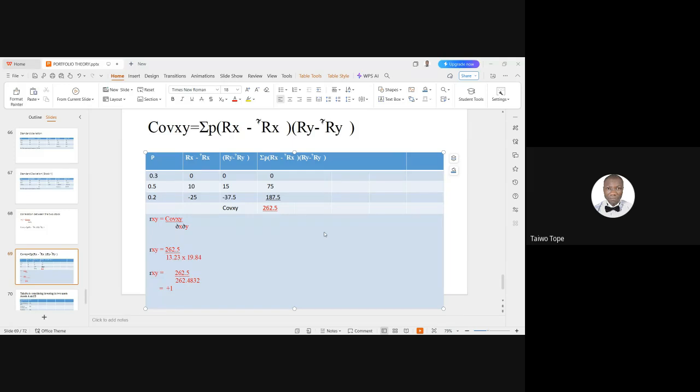So the standard deviation is used to measure portfolio risk, and the higher the standard deviation, the higher the level of risk.